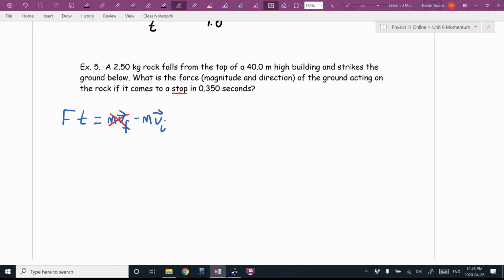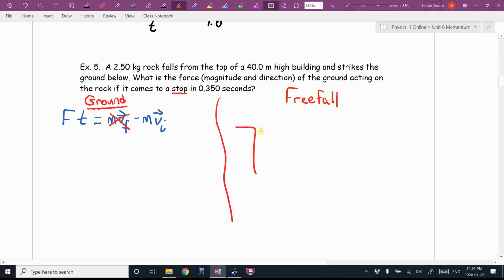So I'm going to make a little note here. On the left, this is going to be hitting the ground. On the right, we're going to be in free fall. And I think how fast I hit the ground, my v final in free fall, is going to be my v initial when I start coming to a stop after hitting the ground.